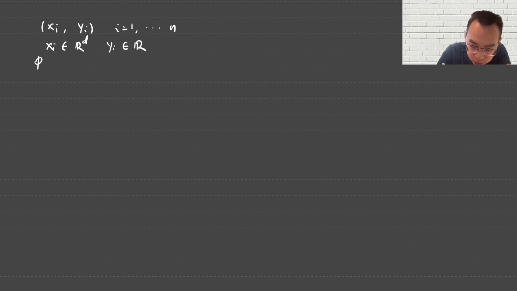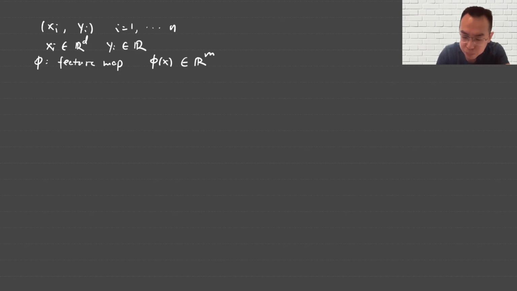So phi is a feature map, and that gives us phi(x). Let's say phi(x) is an m-dimensional vector. This is just our feature expansion formula, right? For example, phi can be the quadratic map, like this: 1, x, x squared, right?